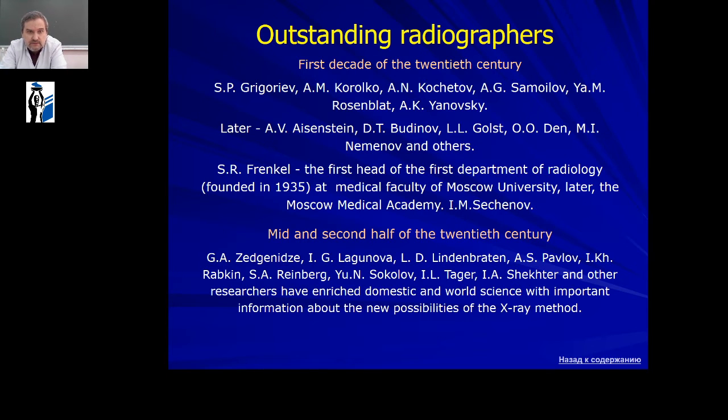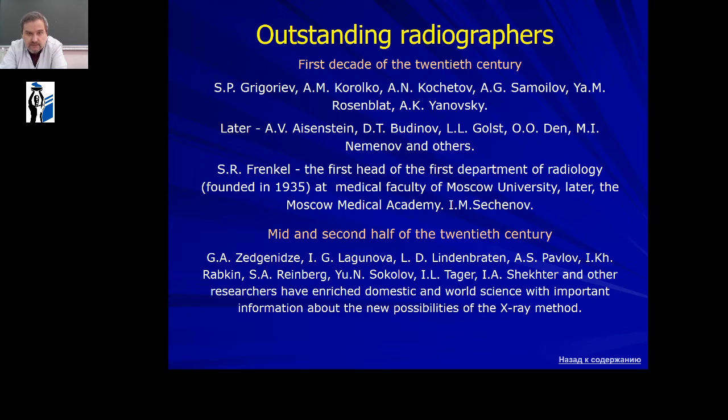Later, Eisenstein, Budinov, Golst, Den, Nemenov, and others. S.R. Frankel, the first head of the first department of radiology, founded in 1935 at Medical Faculty of Moscow University. Later, the Moscow Medical Academy by Sechenov.